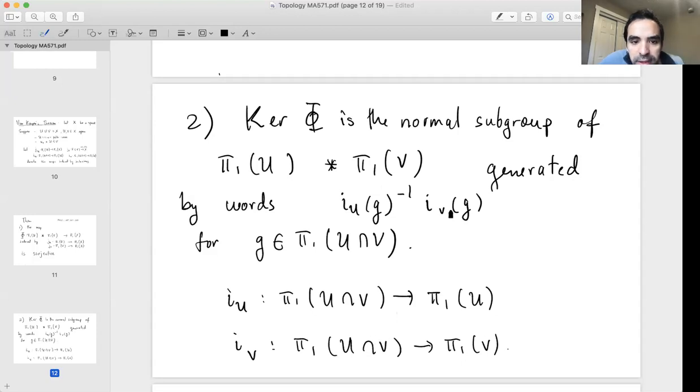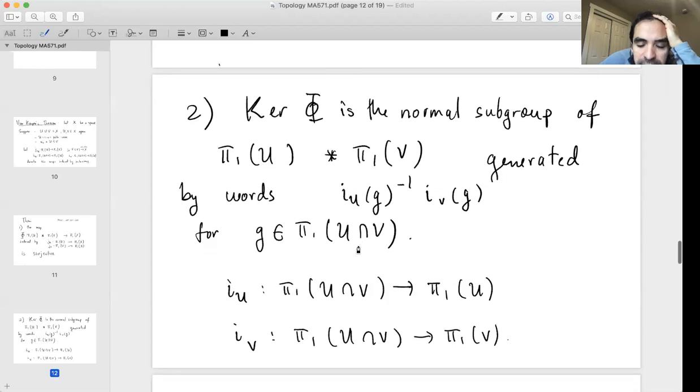So the kernel of phi is a normal subgroup of the free product generated by these words, where g runs through any element in pi 1 of the intersection. So let's digest this a little bit.